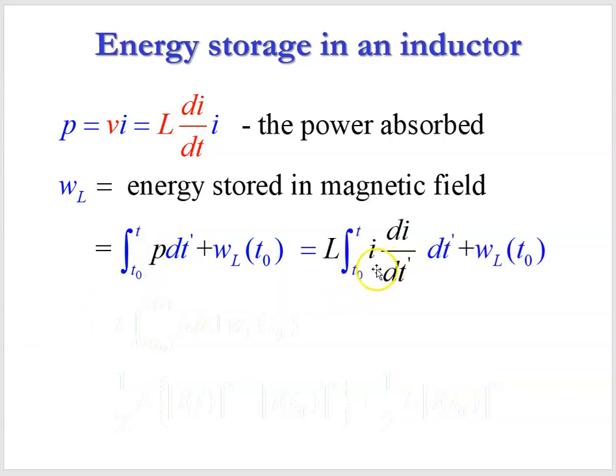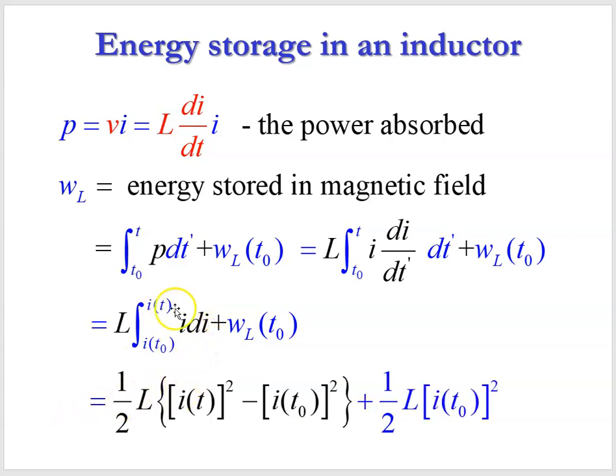So again, we'll substitute in for our power, L i di/dt. We can cancel out the dt's, and then we integrate over current instead of over time. So our current at time t naught to our current at time t, of L i di. We still get the 1/2 L i squared, but we have to evaluate at the limits of our integration. So we get i(t) squared minus i(t naught) squared.